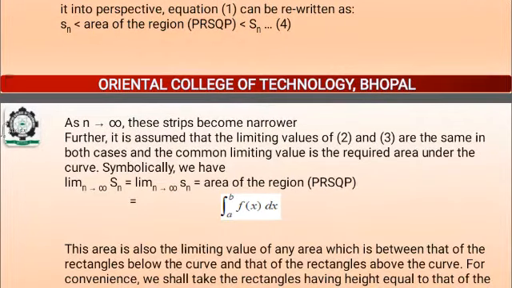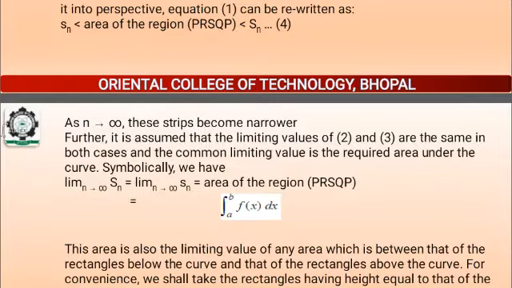As n tends to infinity, these strips become closer to each other. Further, it is assumed that the limiting values of 2 and 3 are the same in both cases, and the common limiting value is the required area under the curve.